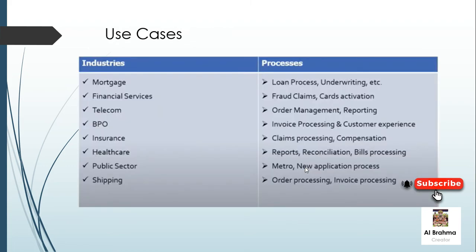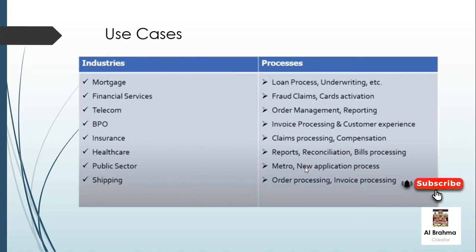And the next thing is use cases. The most important thing is you can decide where we can use RPA: if you are using a computer in your business, then you can use RPA. That's it, it's very easy to use.